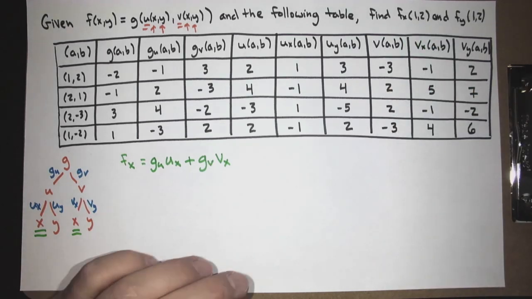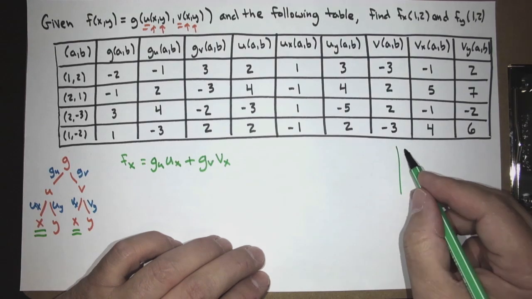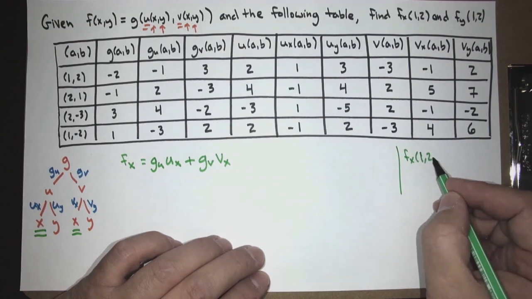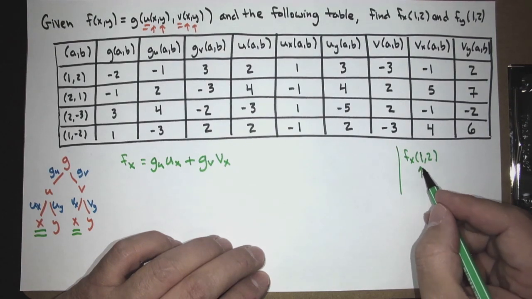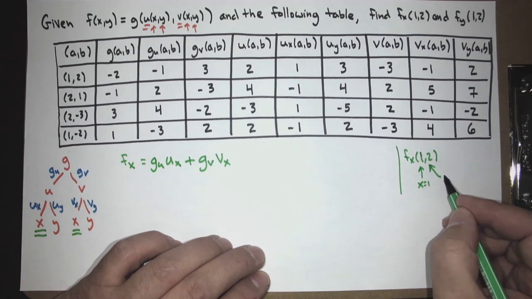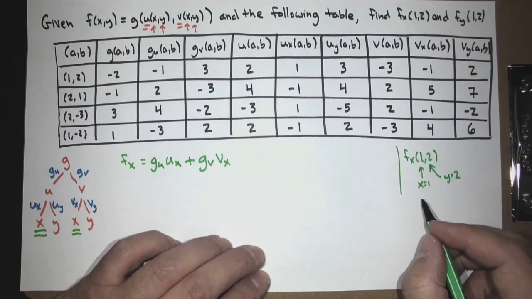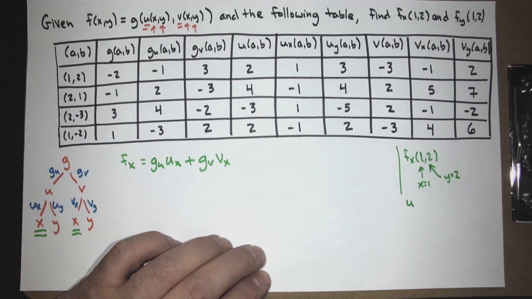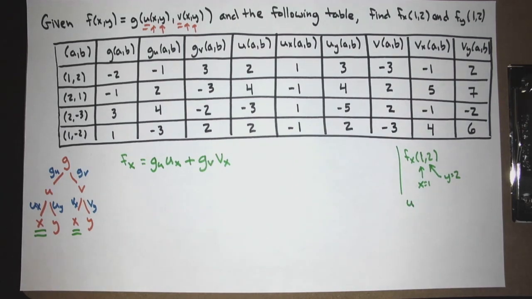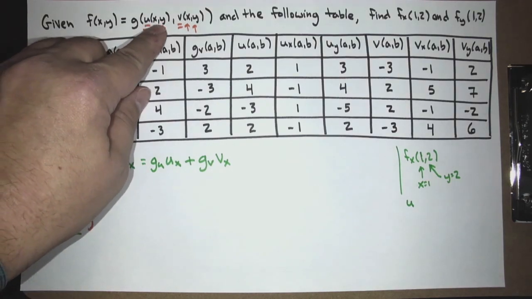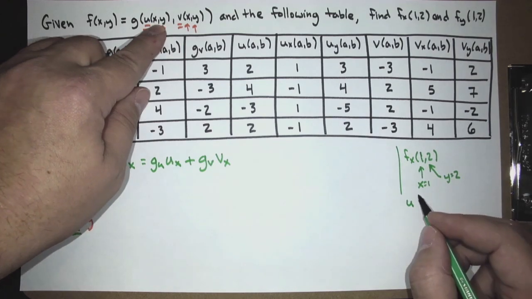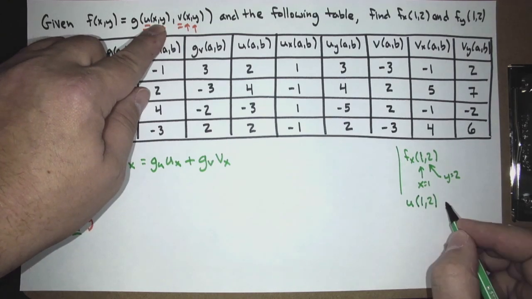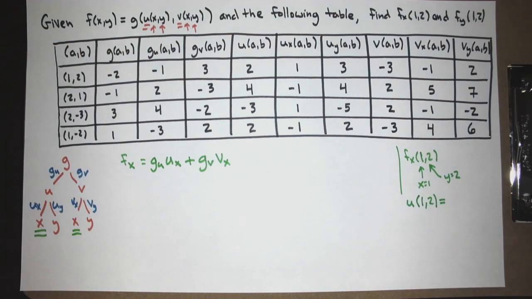Okay, so let's make some notes here. If we want f sub x at 1, 2, this is telling us x equals 1, y equals 2. What can we say about u? What does u equal? Can we figure that out? Well, what does u depend on? x and y. So I can plug in 1, 2. Do we know what u of 1, 2 is?